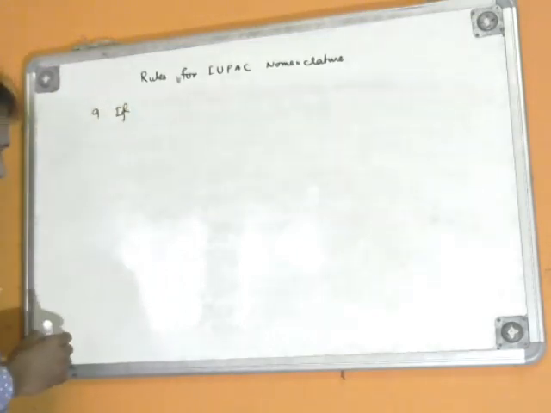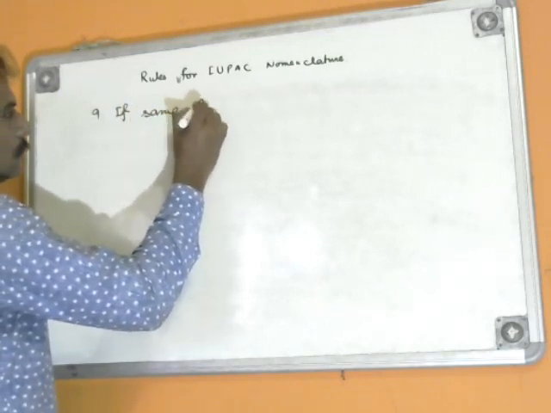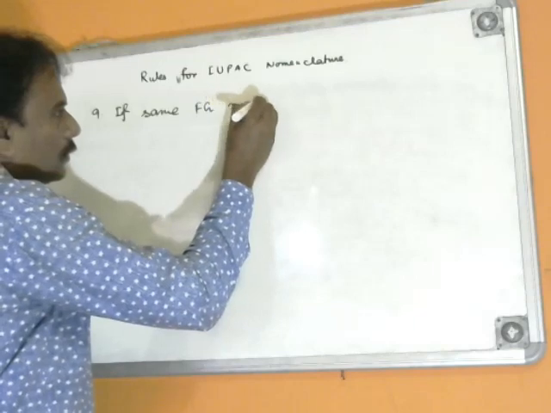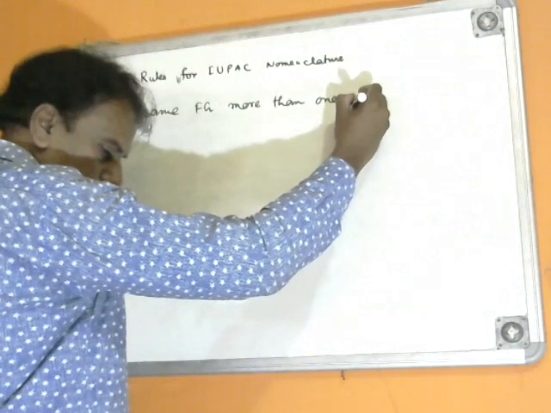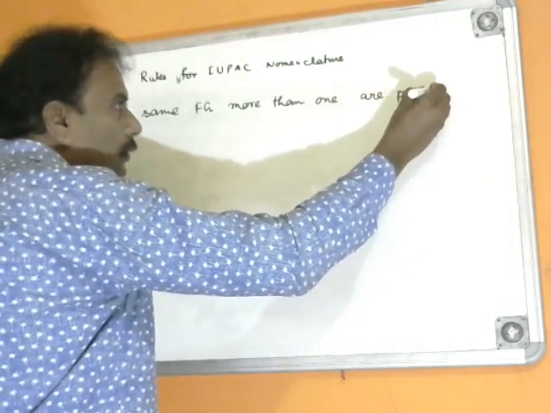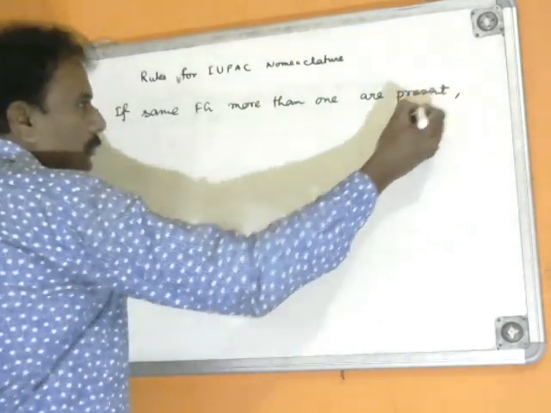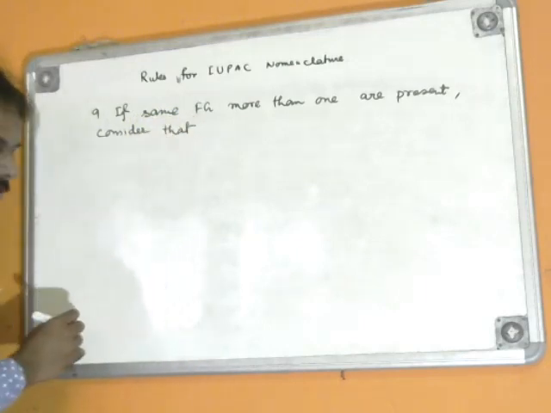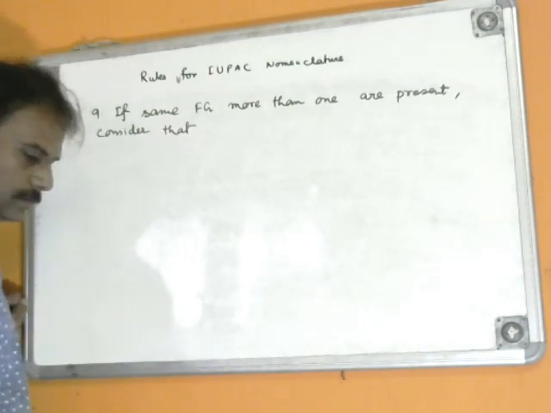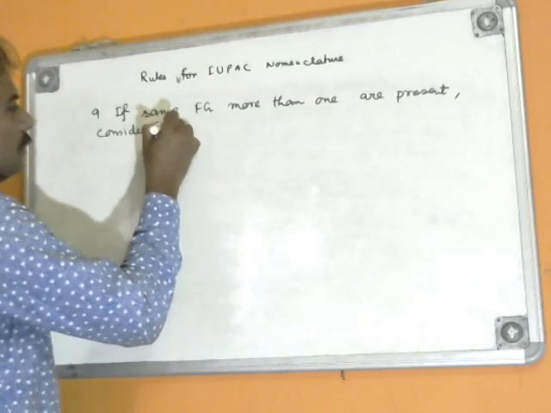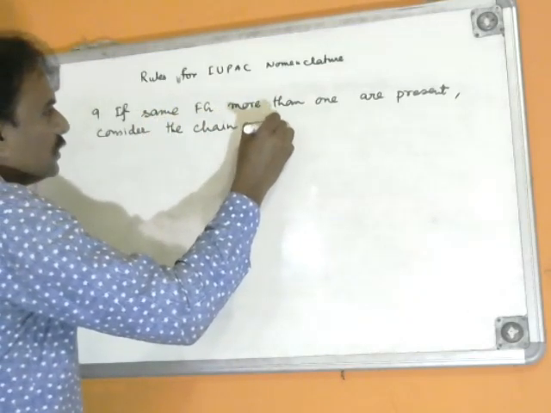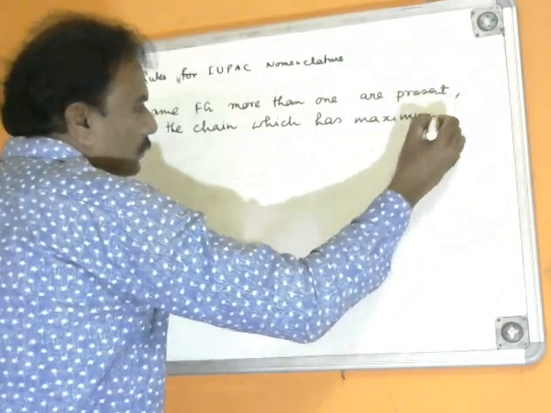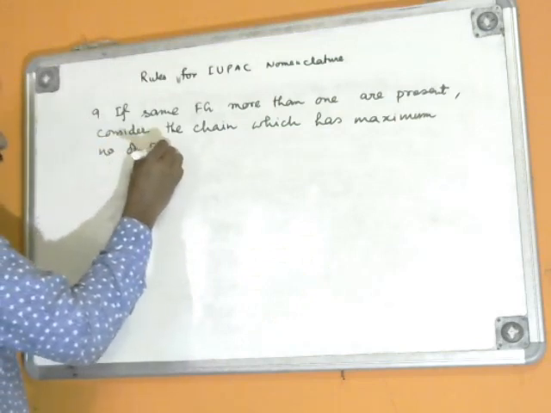If the same functional group is present more than once, consider the chain which has the maximum number of functional groups.